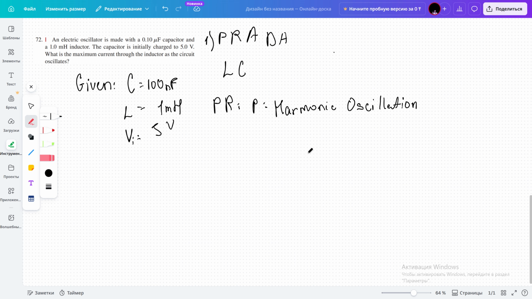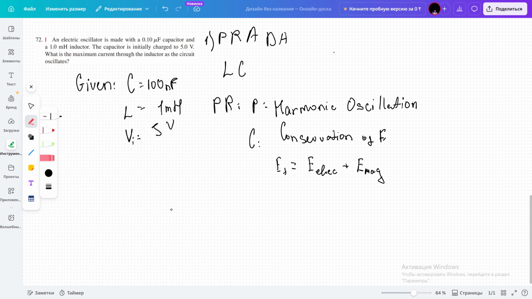The energy isn't lost, it just swings back and forth between the electric field and the magnetic field. So the concept is conservation of energy, where our formula is total energy equals electric plus magnetic energy.